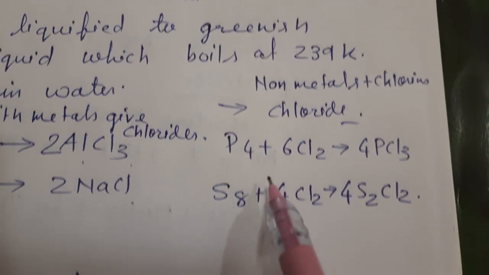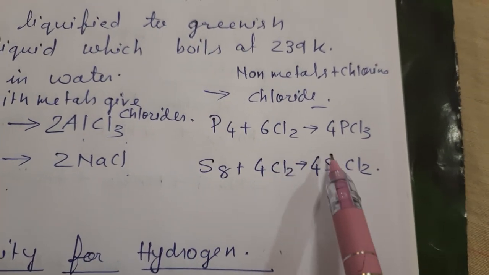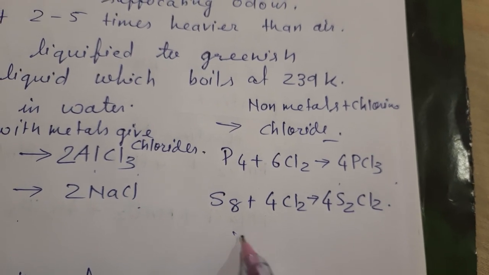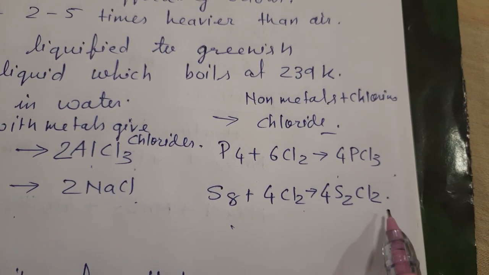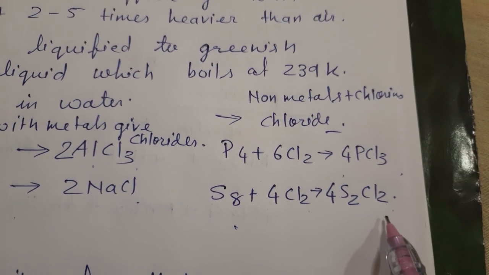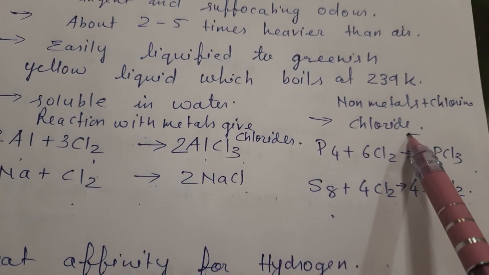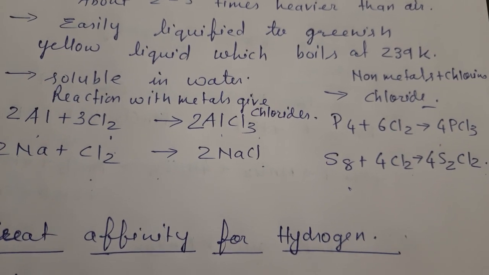So P4, phosphorus plus chlorine will give us phosphorus trichloride. Sulfur S8 plus chlorine will give us sulfur chloride S2Cl2. So in this way it reacts with metals as well as non-metals to give the corresponding chlorides.